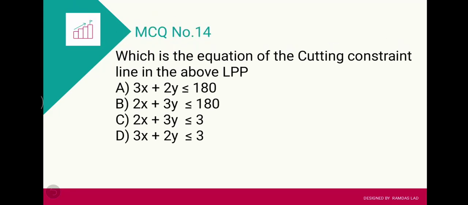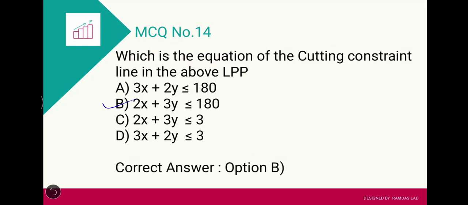Which is the equation of the cutting constraint line in the above LPP? You have to follow the chart shown before on the slide. So here 2x plus 3y less than or equal to 180. So option B is the correct answer.